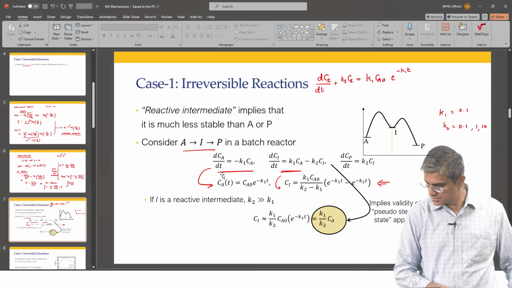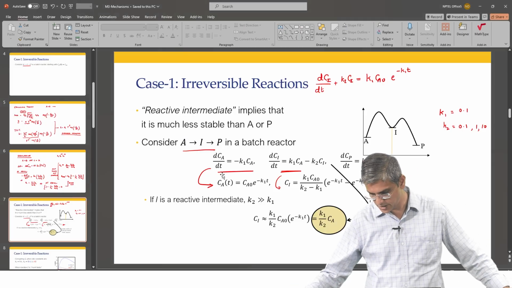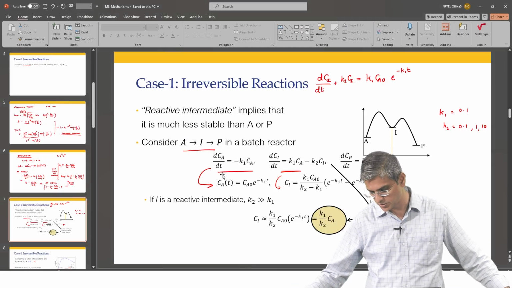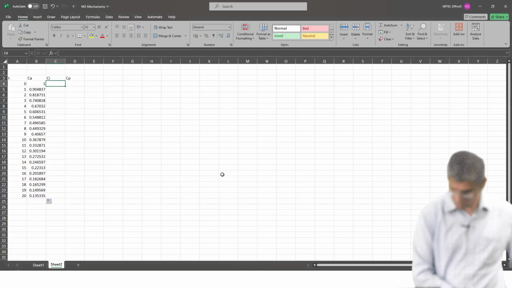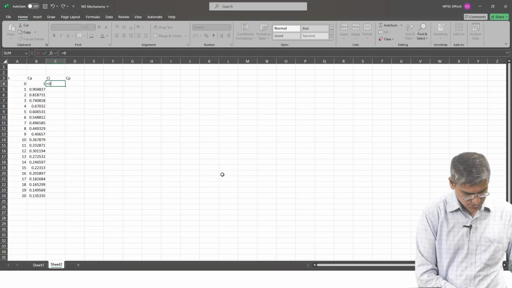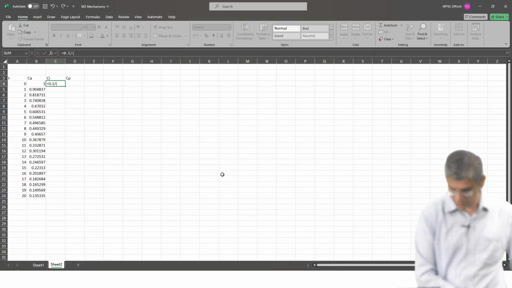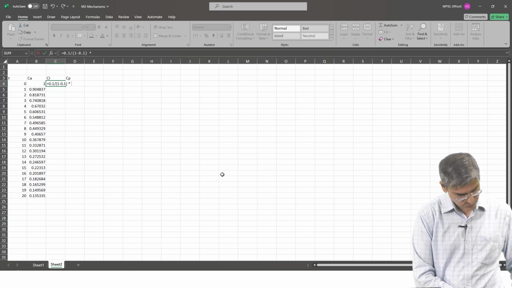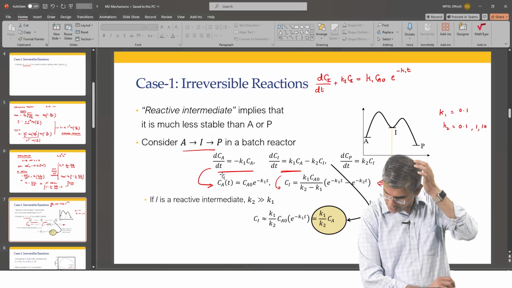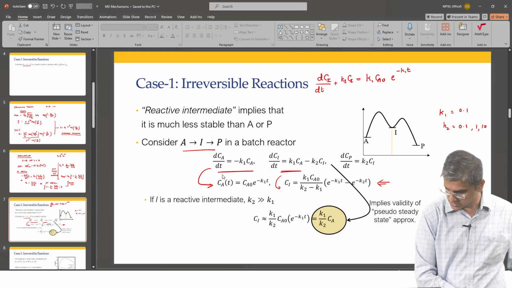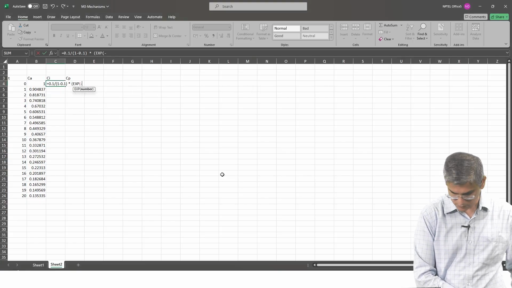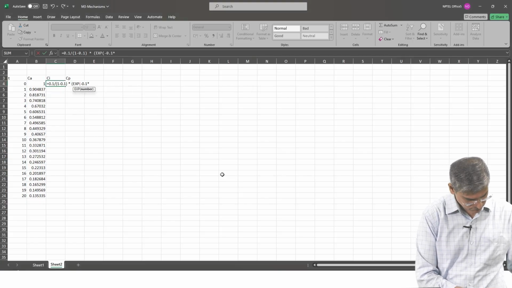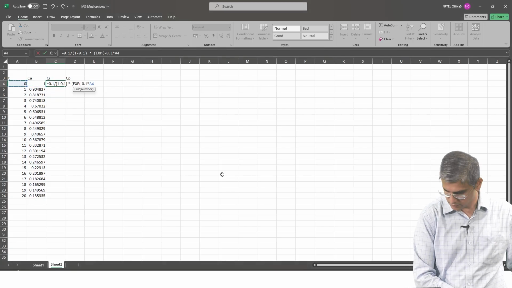CI is basically going to be K1 CA naught divided by K2 minus K1, okay. So, equal to K1 is 0.1 divided by K2 minus K1, 1 minus 0.1, okay, multiplied by e to the power minus K1 t minus e to the power minus K2 t.